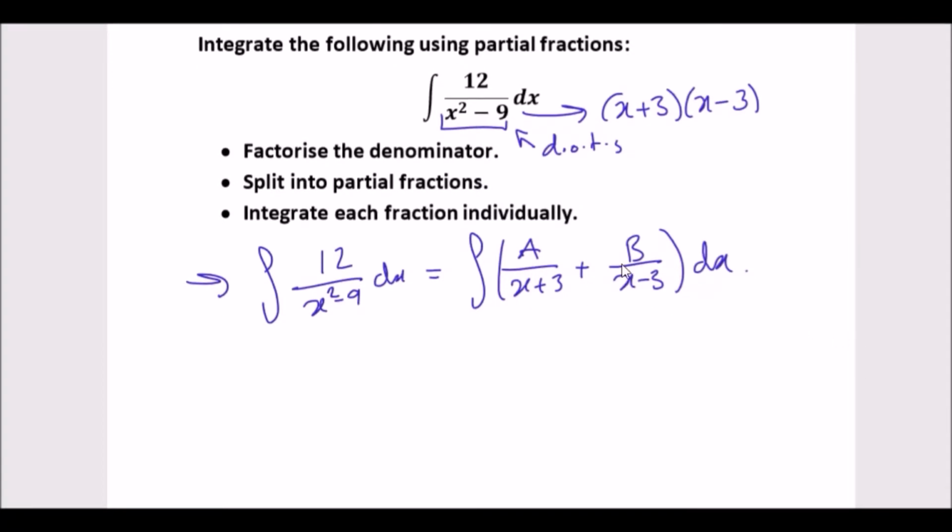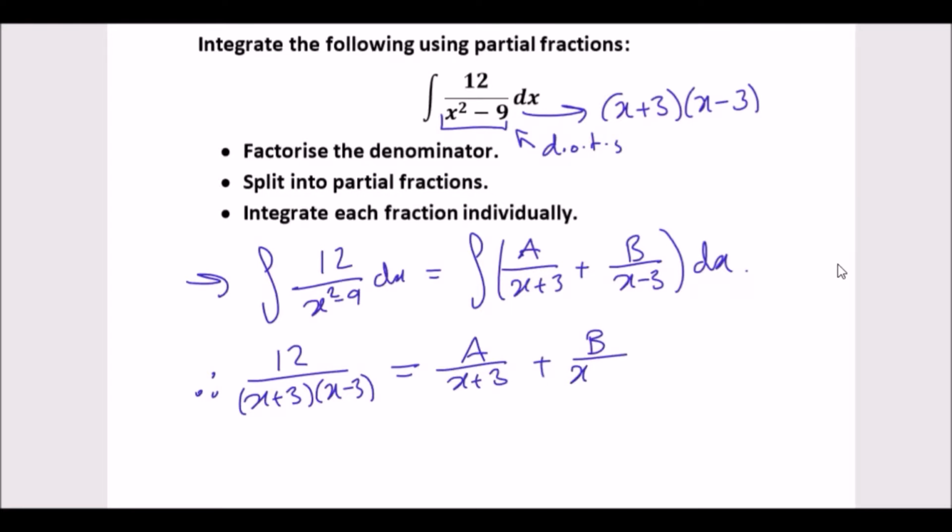So we can now compare fractions. We can say therefore that this entire expression equals this. Just working with the fractions, 12 over, replacing x squared minus 9 with x plus 3, x minus 3, is equal to a over x plus 3 plus b over x minus 3.